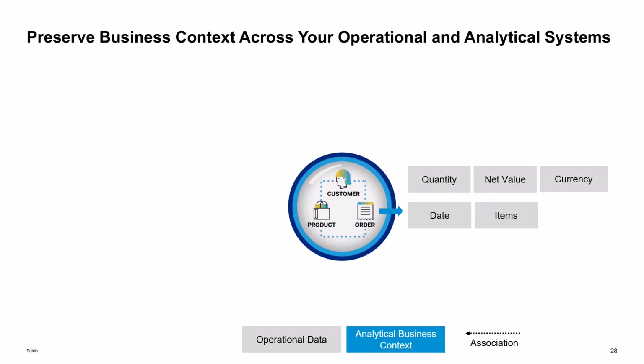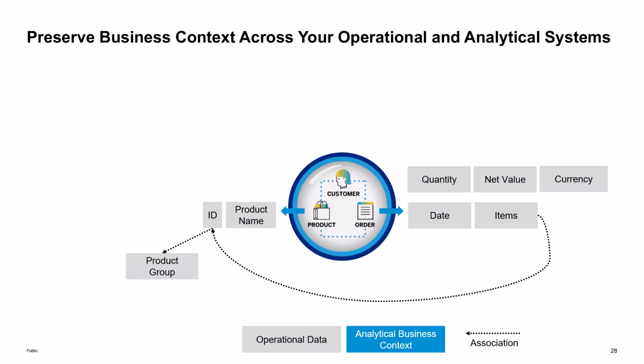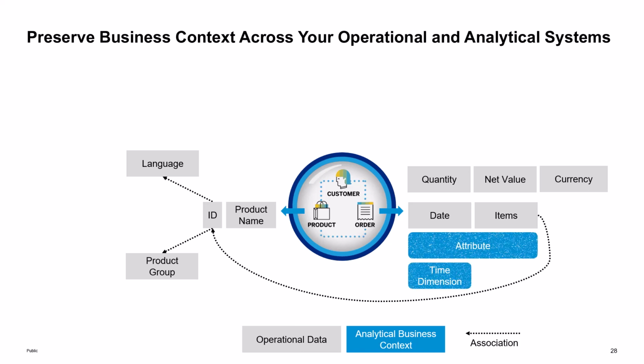What you get on the data side is stuff like quantities, net value, the currency, date, different order items. On the product side, you usually get some kind of ID, product name, description, which might be related to a product group, and product names might be available in different languages. That's all what you find in different tables on the database or in the ABAP system.